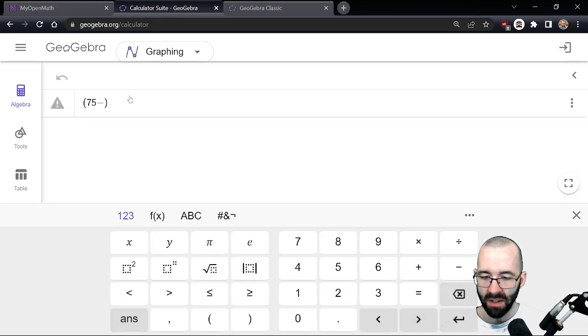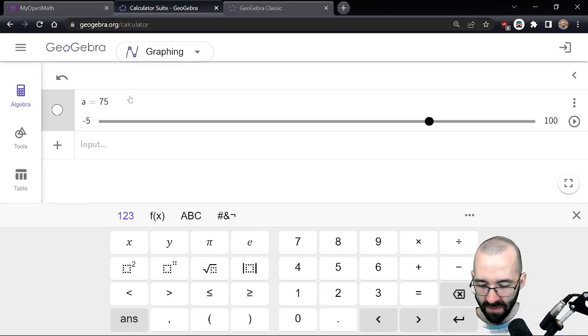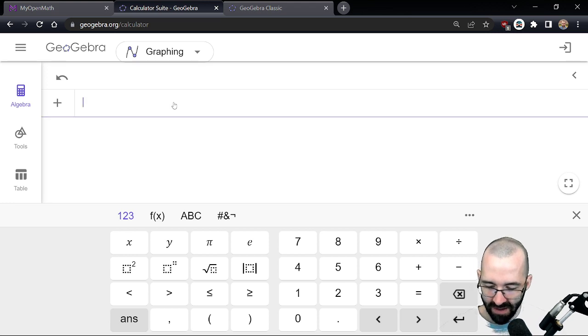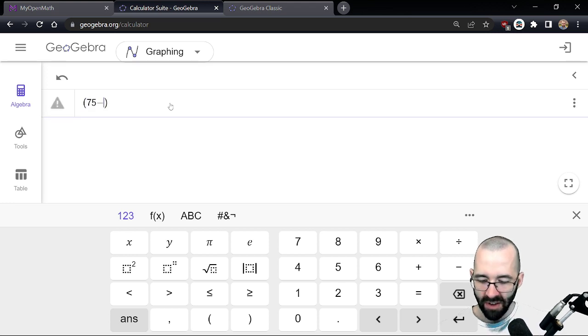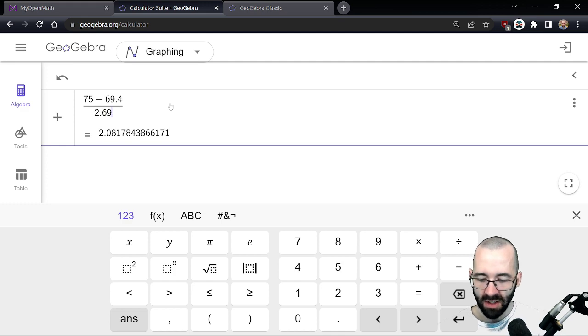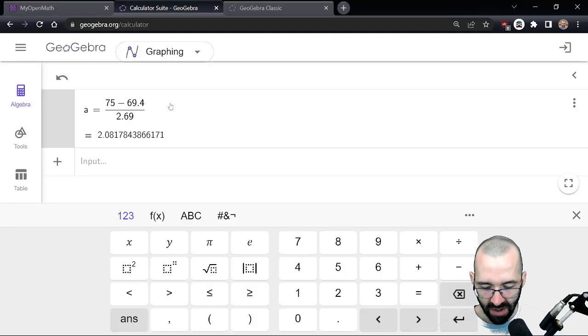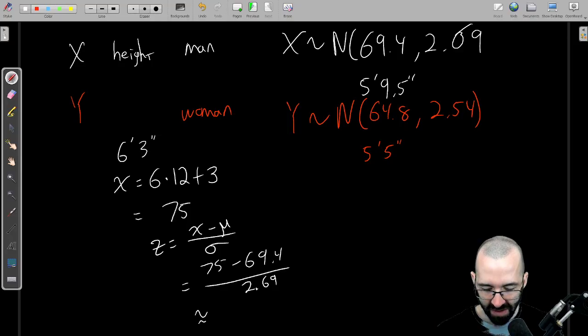So 75 minus 69.4, all divided by our standard deviation of 2.69. Make sure I typed it in right. Very important.